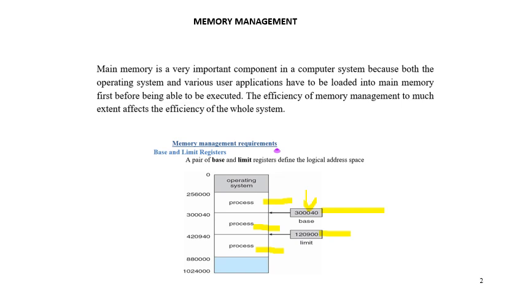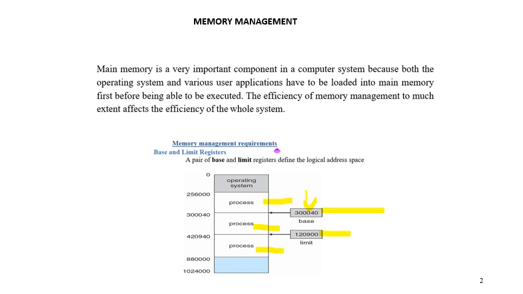The second is load time. Load time generates relocatable code, because the memory location is not known at compile time, it is unavailable or not identifiable. So during load time, relocatable code will be generated. Next is execution time.